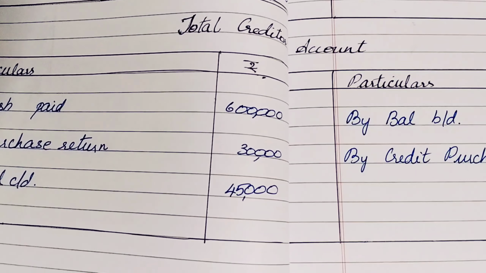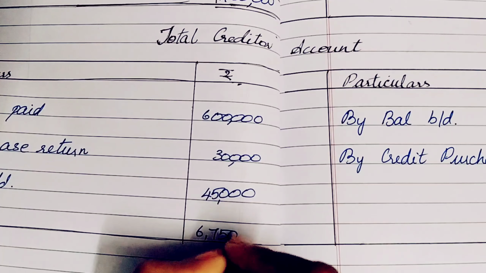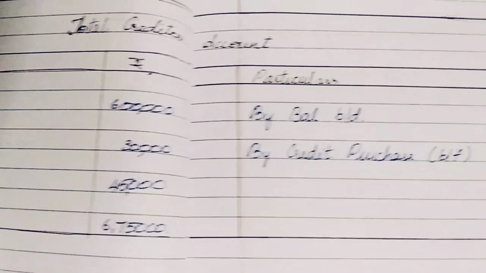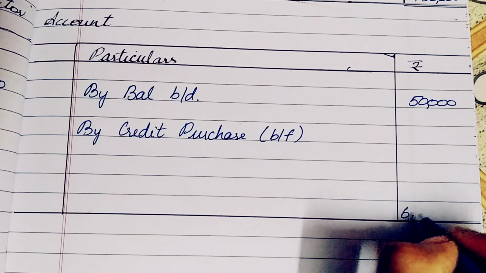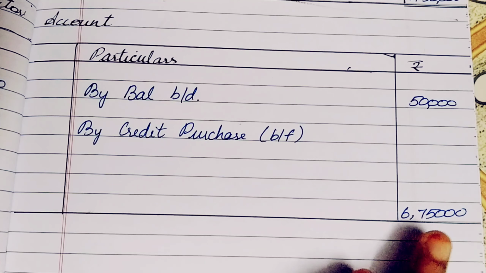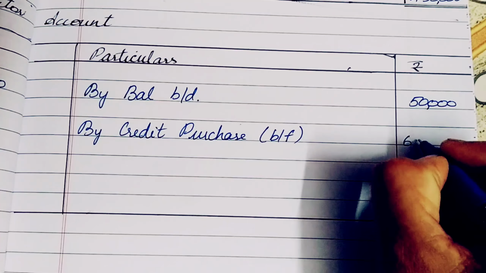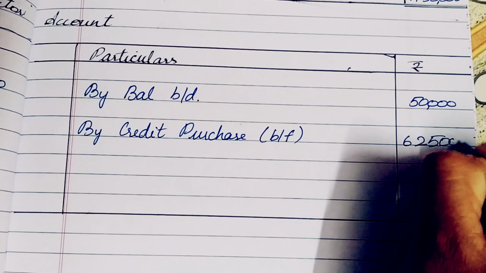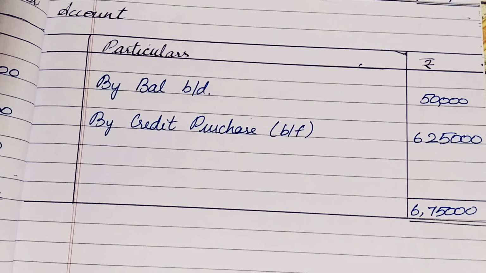My debit side total is 6,75,000. So I write this as my grand total on both my debit and my credit, 6,75,000. Now 6,75,000 minus 50,000 is going to be my credit purchase, that is 6,25,000. So with this we found the credit purchase.